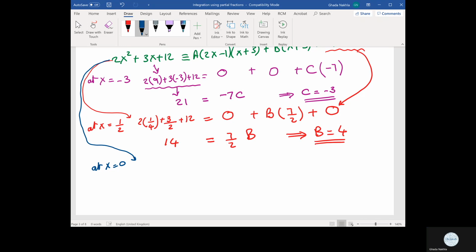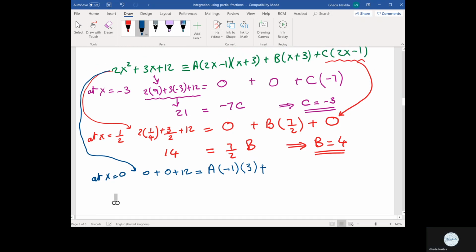So we're substituting a 0, so 2 times 0 squared, 0, plus 3 times 0, 0, plus 12, easy, equals A, and then 2 times 0, minus 1, so it's a minus 1, and then 0 plus 3 is 3.